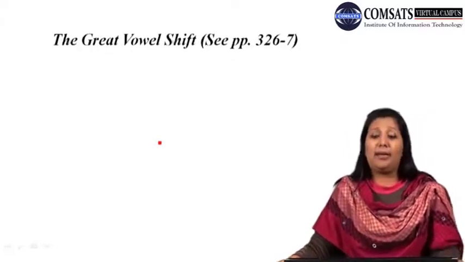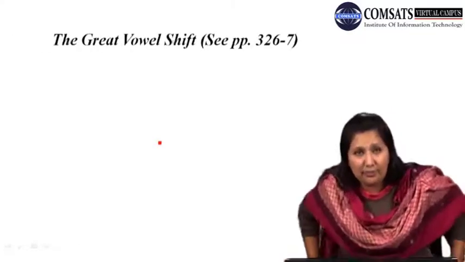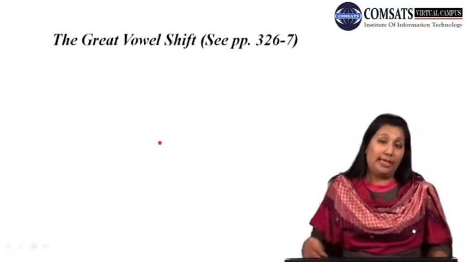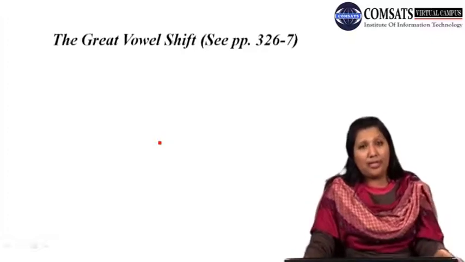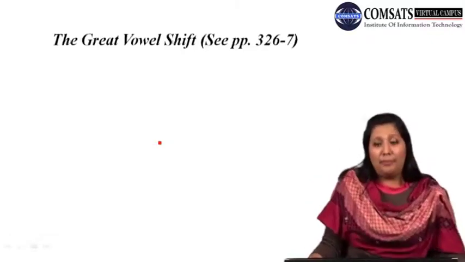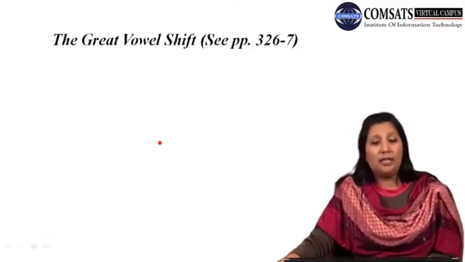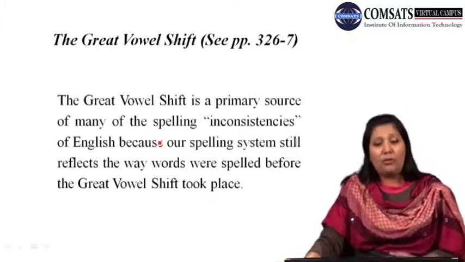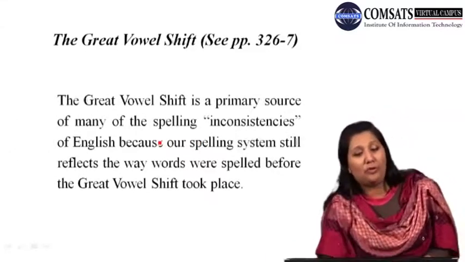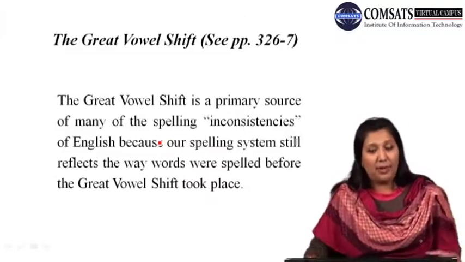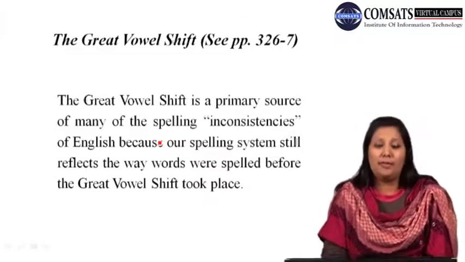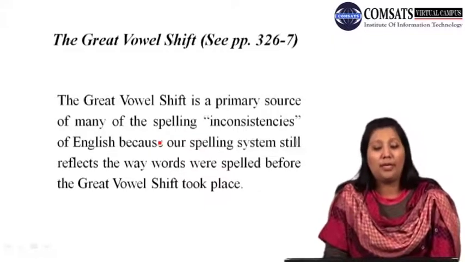Then came the Great Vowel Shift. We are going to talk more and in detail about this Great Vowel Shift in our upcoming lecture, but for today, just to give you a brief idea of what it was. The Great Vowel Shift is a primary source of many of the spelling inconsistencies of English, because our spelling system still reflects the way words were spelled before the Great Vowel Shift took place.